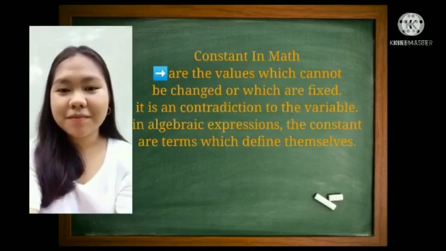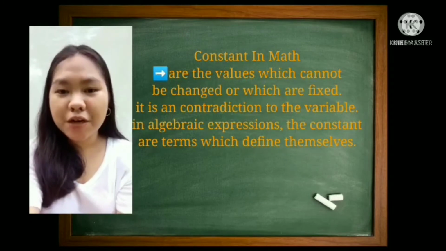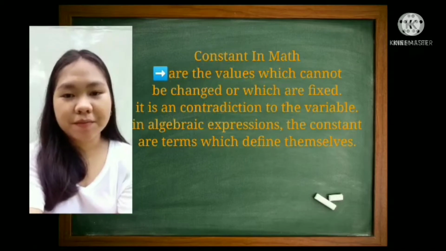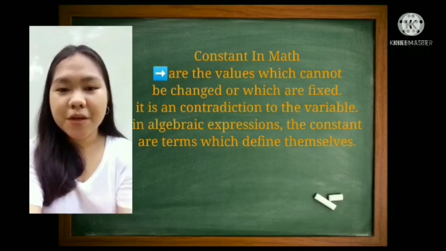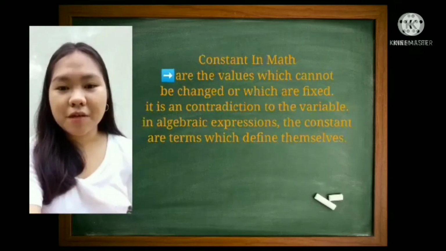Constants in math are the values which cannot be changed, or which are fixed. It is in contrast to the variable. In an algebraic expression, the constants are terms which define themselves.